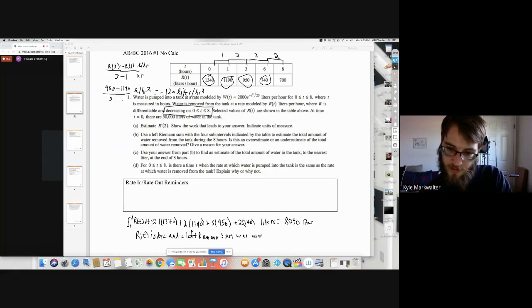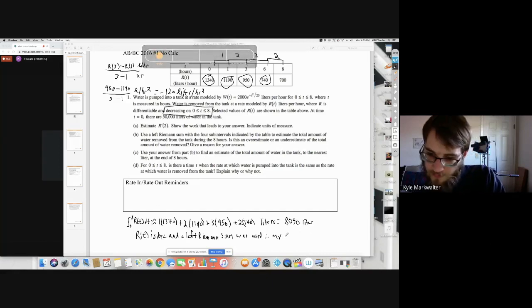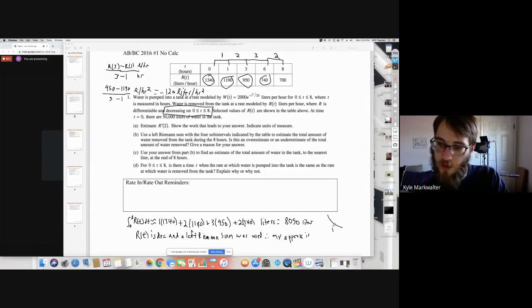Therefore, my approximation is an over approximation. If you want to think about this graphically, the graph of R(t) is decreasing, and we used a left Riemann sum approximation, so my left rectangles will be an over approximation, or an overestimate.